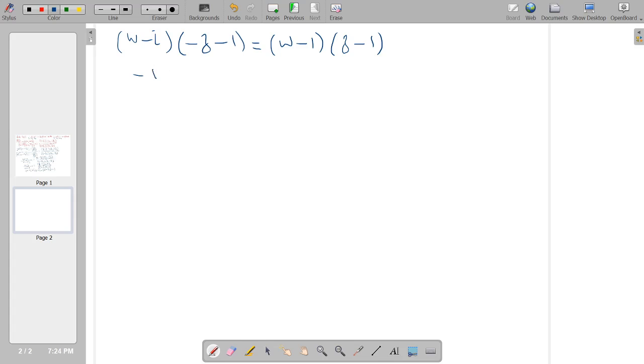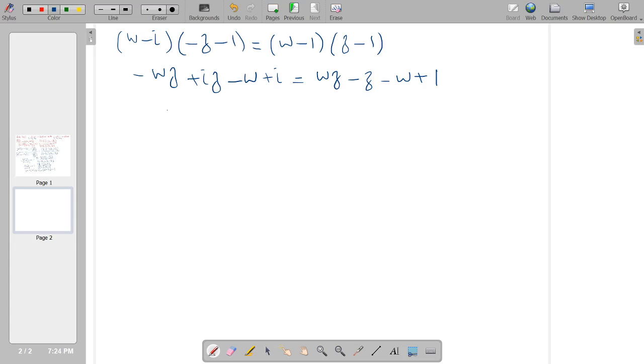So I'll have minus wz plus iz minus w plus i is equal to wz minus z minus w plus 1.